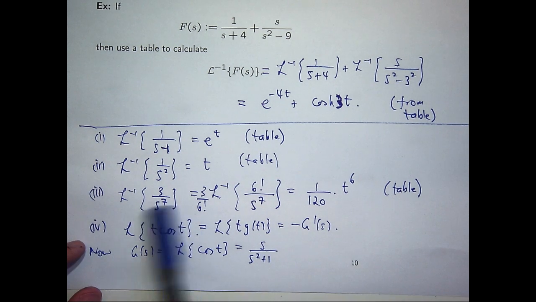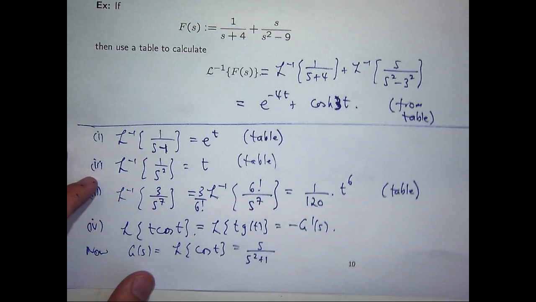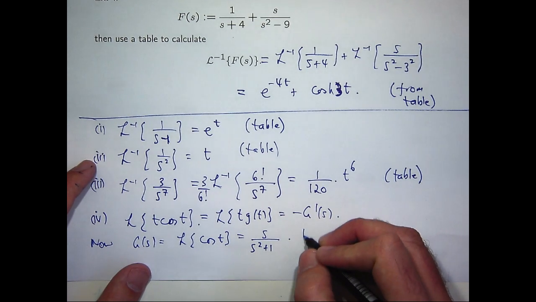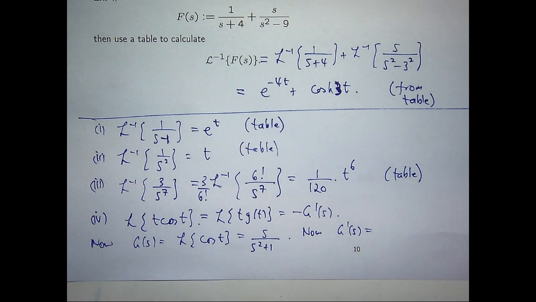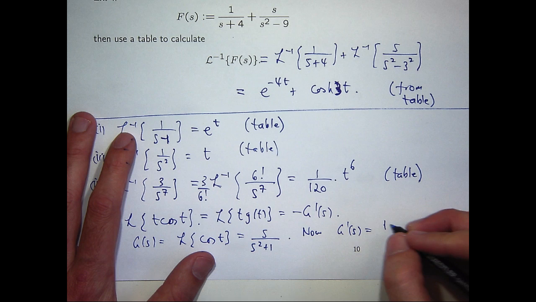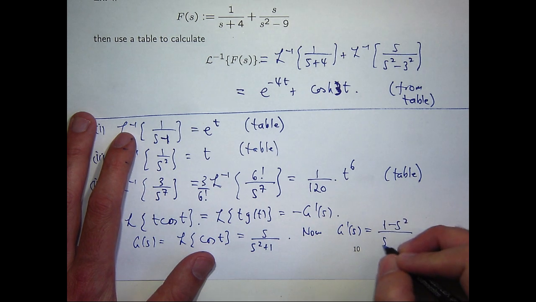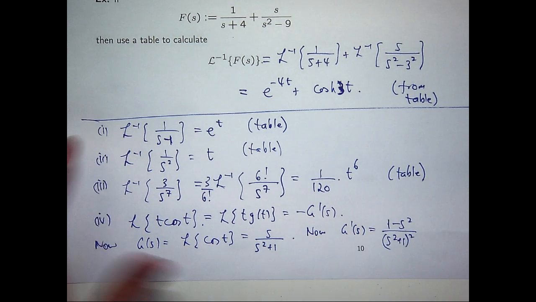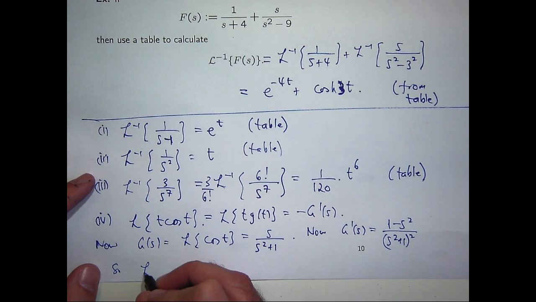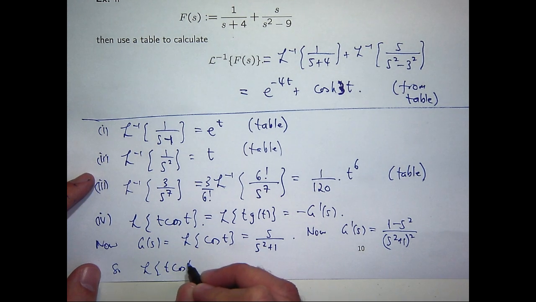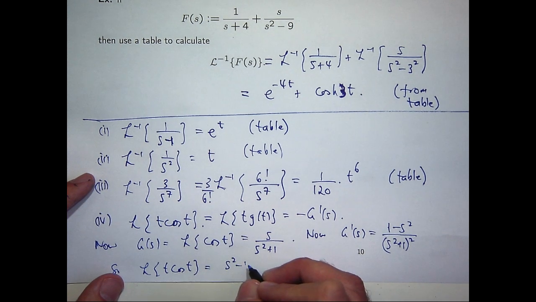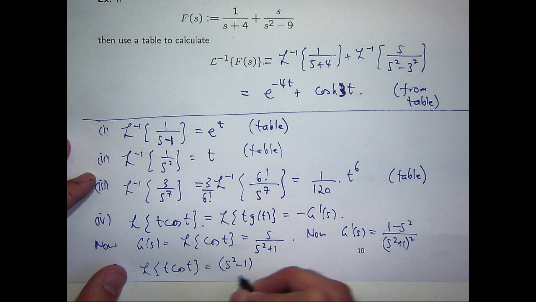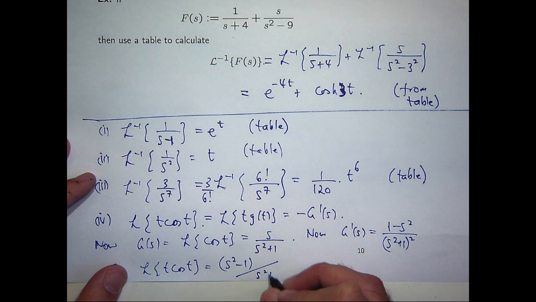So to compute the Laplace transform of this, I differentiate this and stick a minus sign in there. So if I differentiate, say using the quotient rule, I should get the following. And so a minus of that is the transform of this. So it's going to be s squared minus 1 all over s squared plus 1 squared.